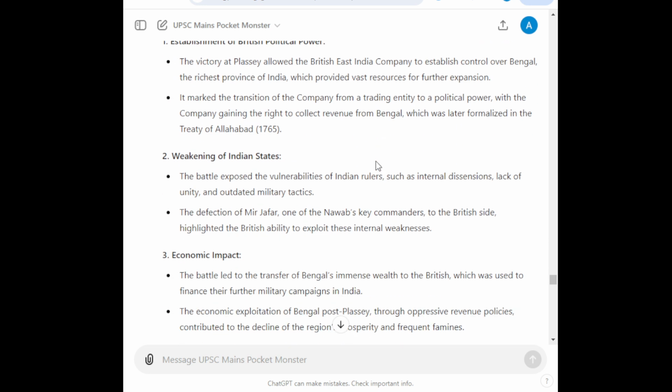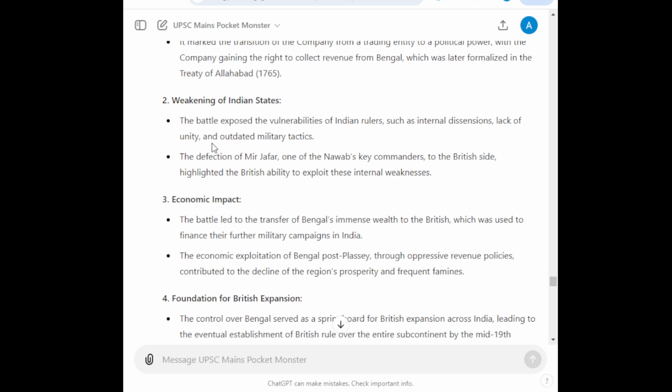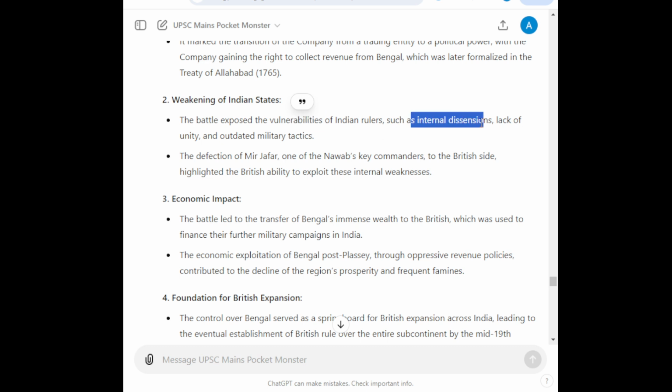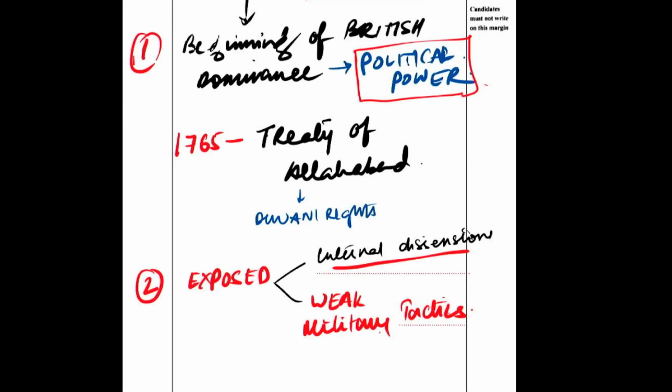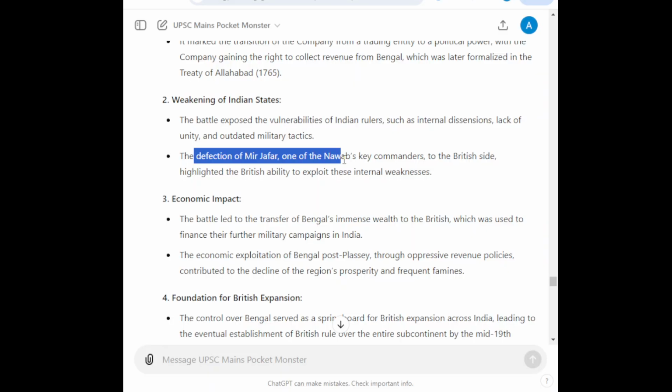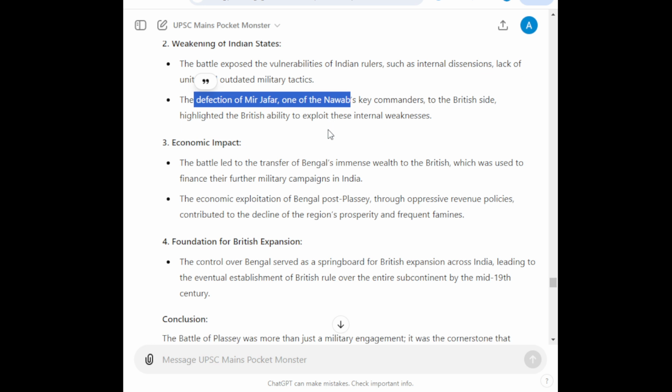So what were the major events that mark this turning point is the exposure of Indian rulers, vulnerabilities of their internal problems, lack of unity, and also outdated military tactics. So, the defection of Mir Jafar also was one key element.